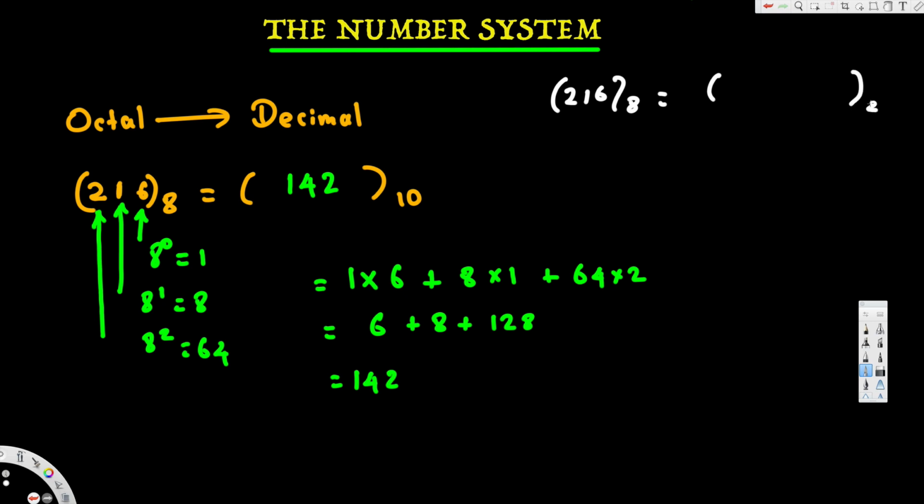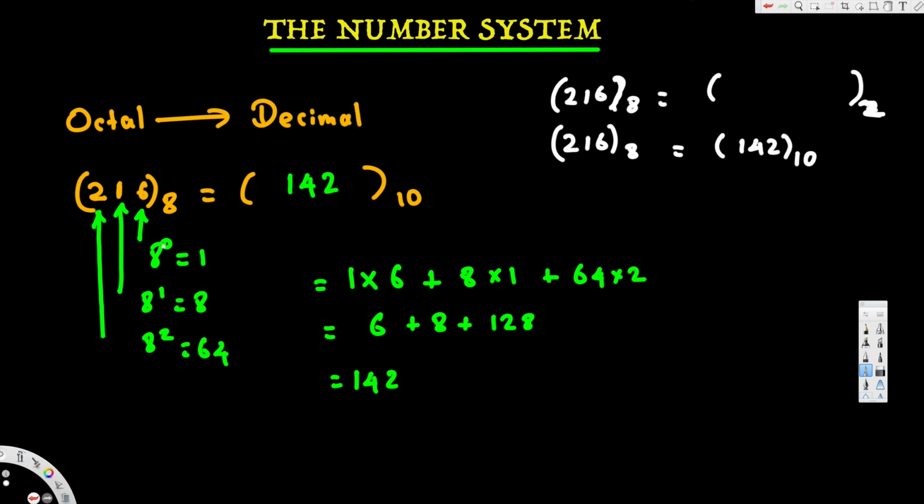How can we convert this one? The easiest way is to first convert this one into base 10, then we convert that one into base 2. We already did that one, we used the same number. If we convert this one into base 10, that's going to be 142. We saw how we did that, right?